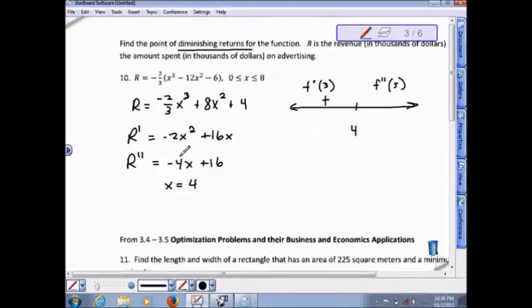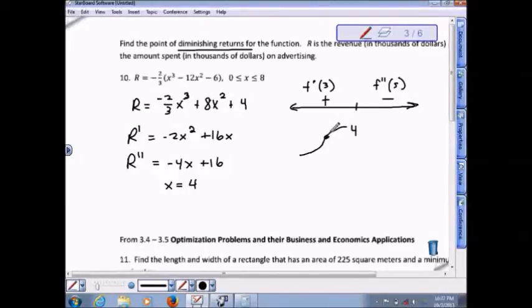And then 5, negative 4 times 5, negative 20 plus 16 is negative. This is a point of inflection. The graph is switching from concave up, right, to concave down. And when it reaches x equals 4, it starts to change to concave down. So right there in the middle, that's the point of diminishing returns.